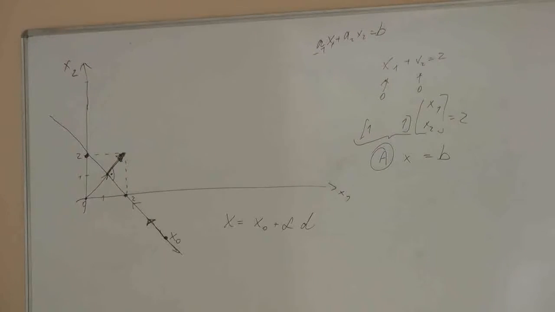The question is, how can I find this direction here? Okay, here we have a specific example. What is the direction for this specific case? It is not 1, 1.